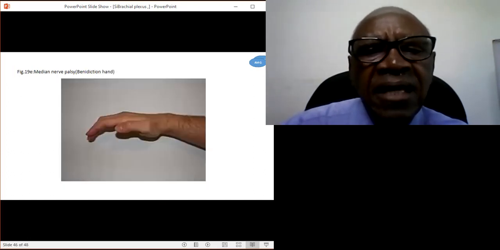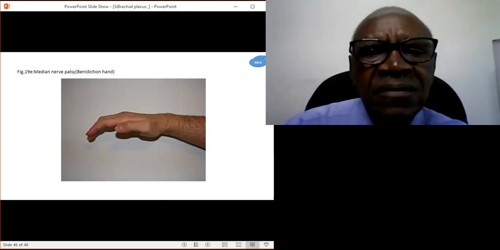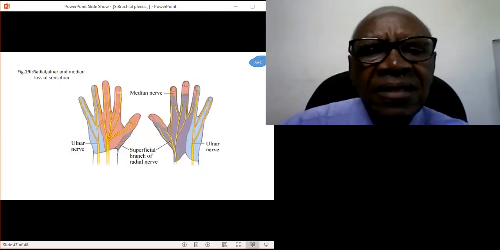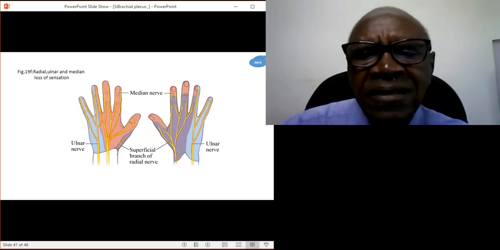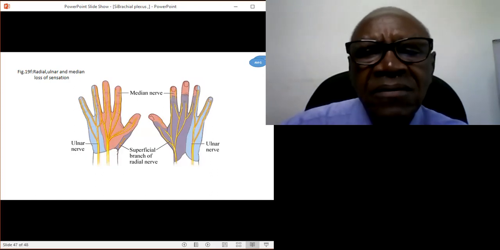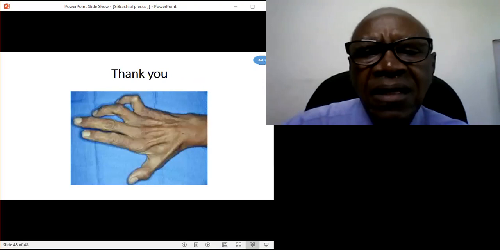Slide 19E shows median nerve palsy, which is the benediction hand of the Pope. Slide 19F shows radial, ulnar, and median nerve sensation.